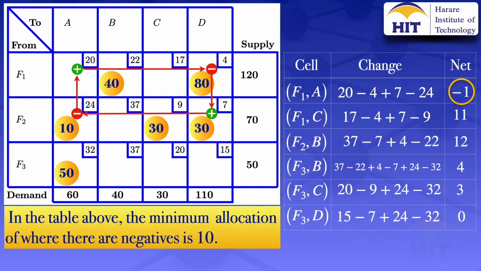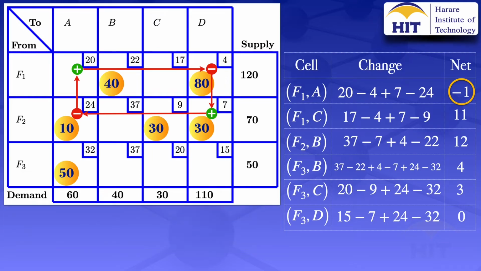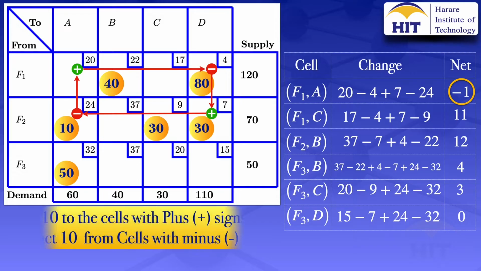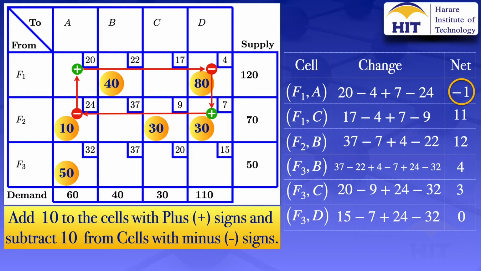So we would have to allocate that 10 to all the cells that have the positive signs and subtract it from cells that have negative signs. On the cells where we have the negatives, we subtract a 10. On the cells where we have the positives, we add the 10.